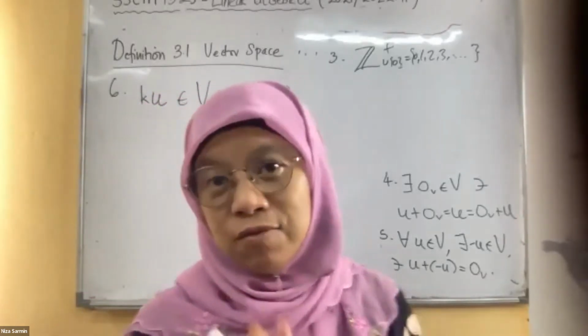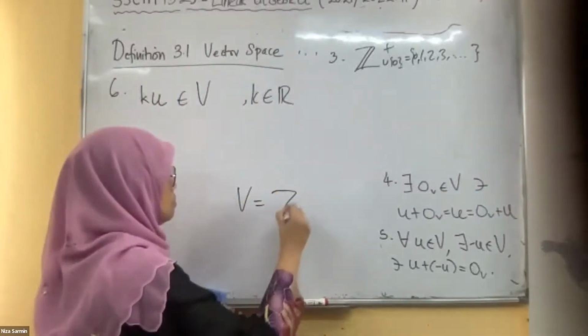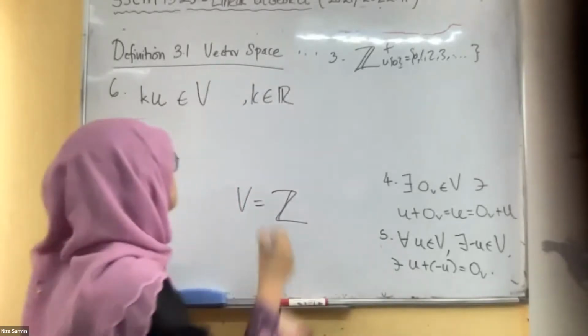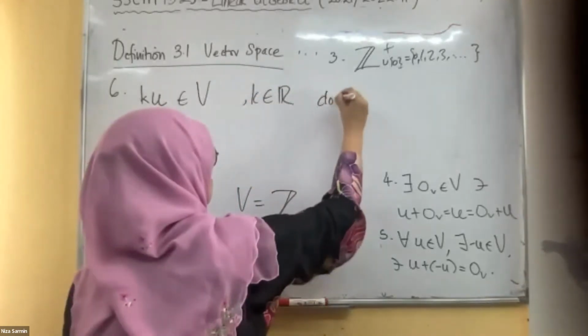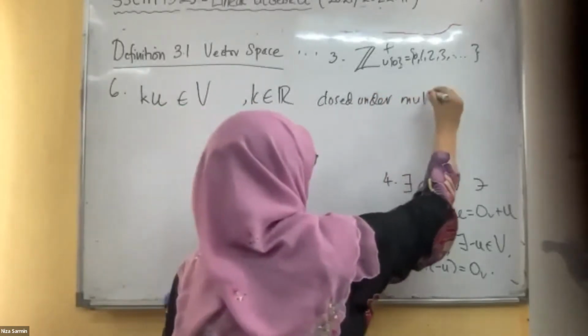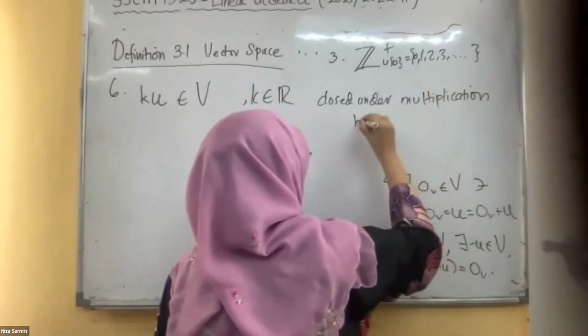So if I give you something like Z, okay, we say this one is closed under multiplication by scalar.